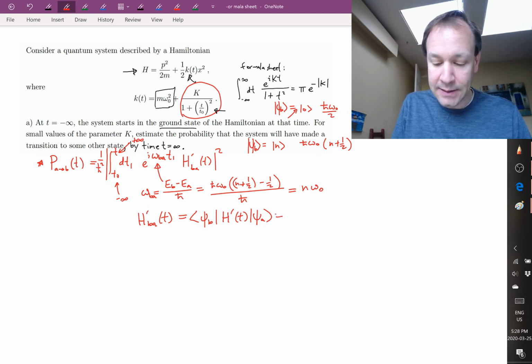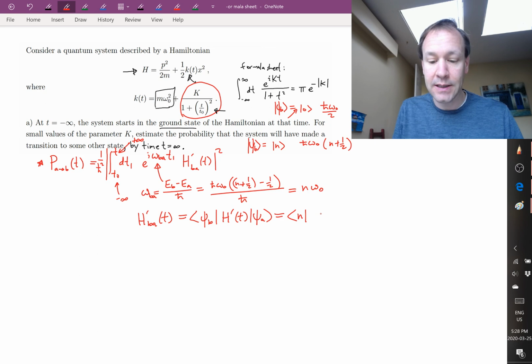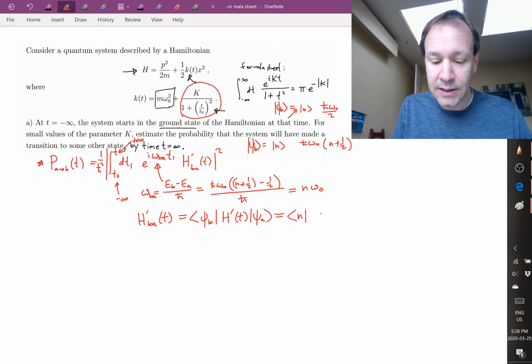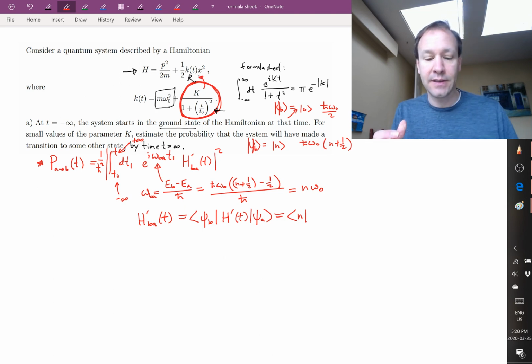In this case, we're taking our final state to be the n state and the initial state to be the 0 state. Our perturbation is coming from the second term in the Hamiltonian.